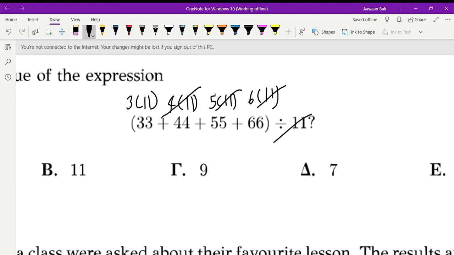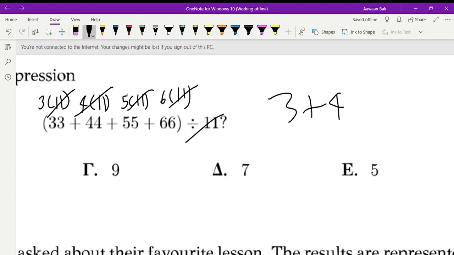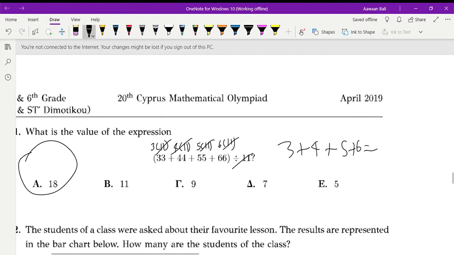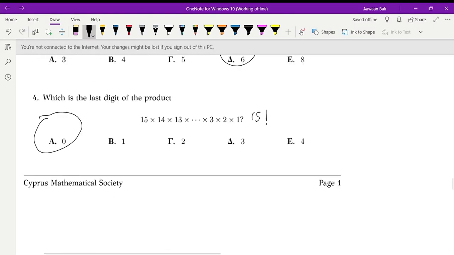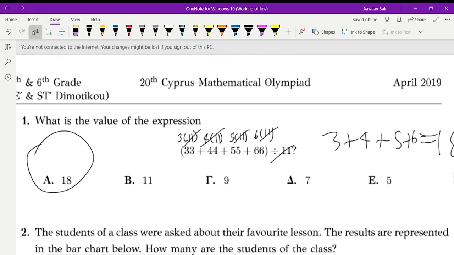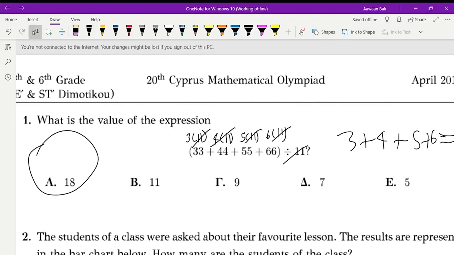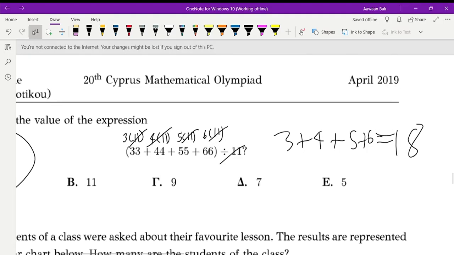So you'll be left with 3 plus 4 plus 5 plus 6, and you get 18. So we can say that alpha here is the answer. Or if you want to, you can just add them and divide by 11.